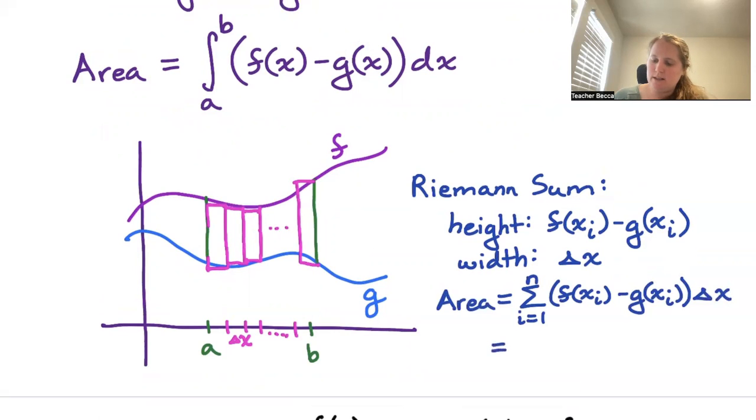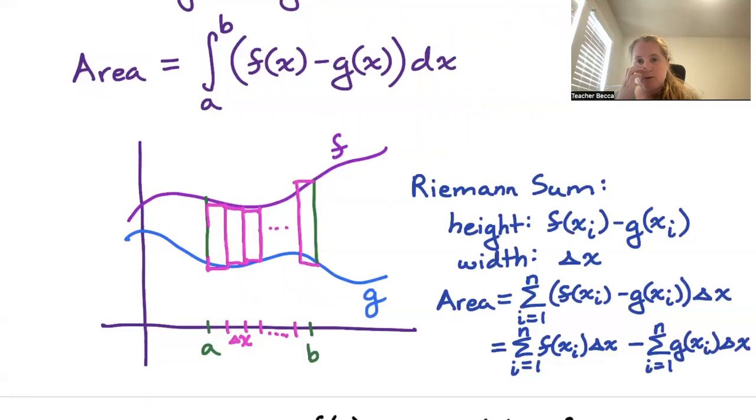But this is precisely the sum from i equals 1 to n of f of xi delta x minus the sum from i equals 1 to n of g of xi delta x. We're looking at an integral of f minus the integral of g, or the integral of f minus g.